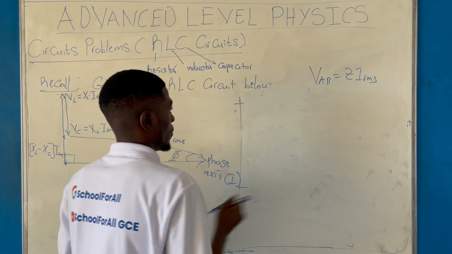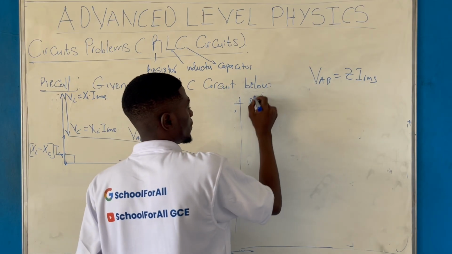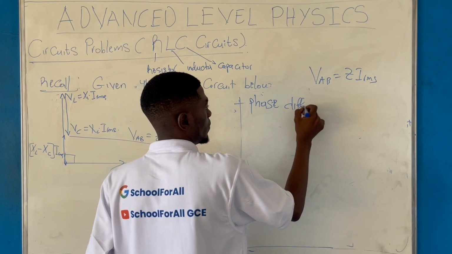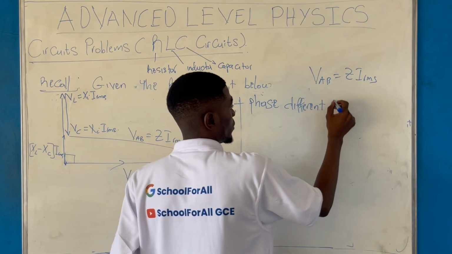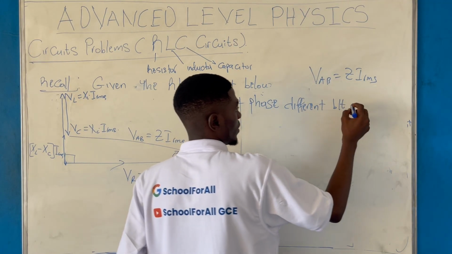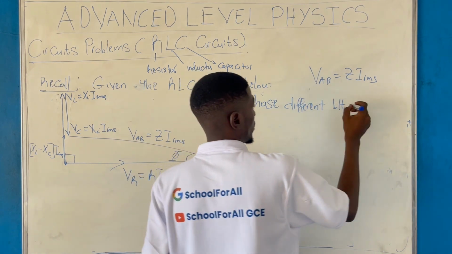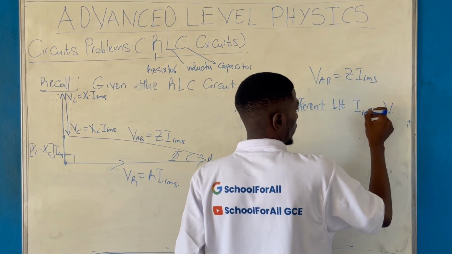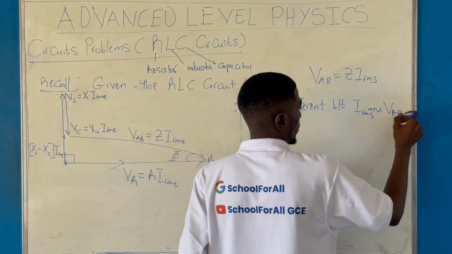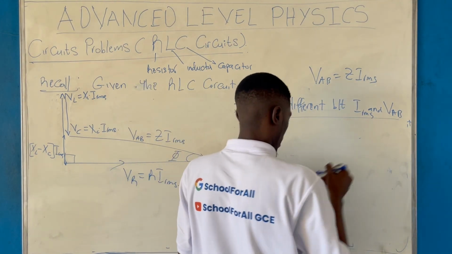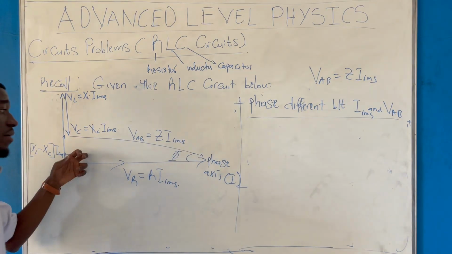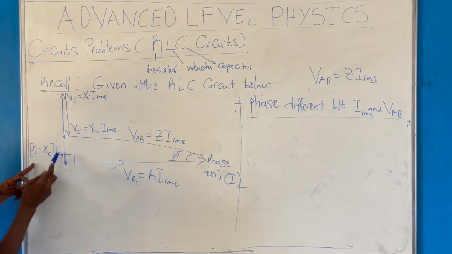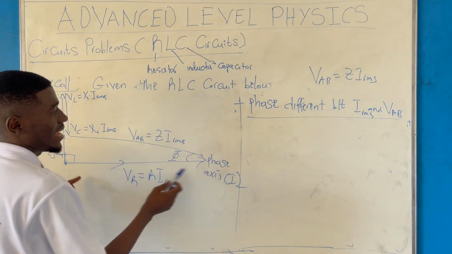Now you will see, if you want to calculate the phase difference between the current and the voltage in the circuit, I'm still considering my right angle triangle. I'm having the opposite and the adjacent.